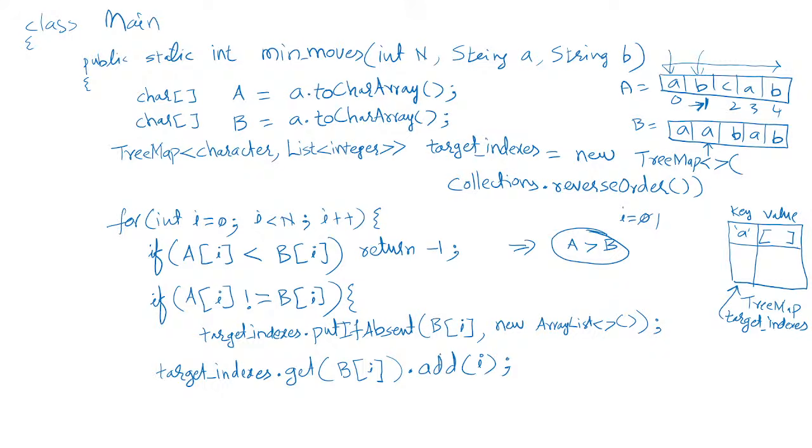This empty array list will be returned up to this part. Then to that array list we add I, whose value is 1. Now 1 will be added into this list. That is what happens here.